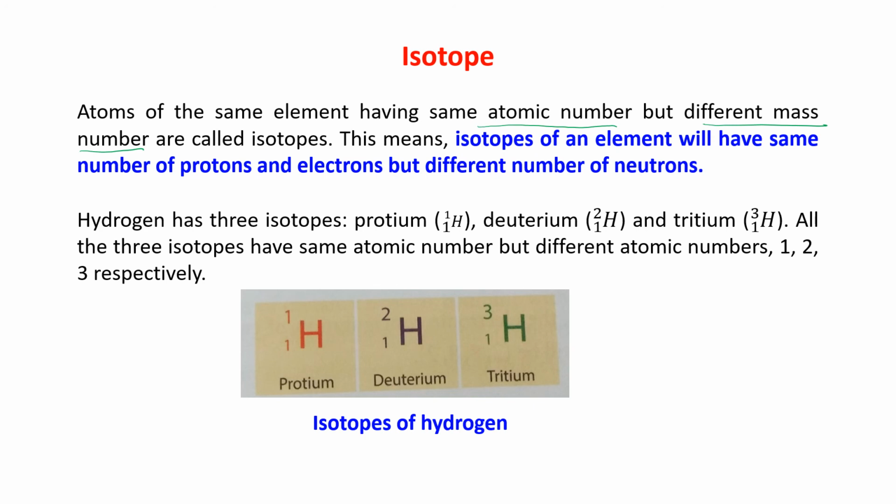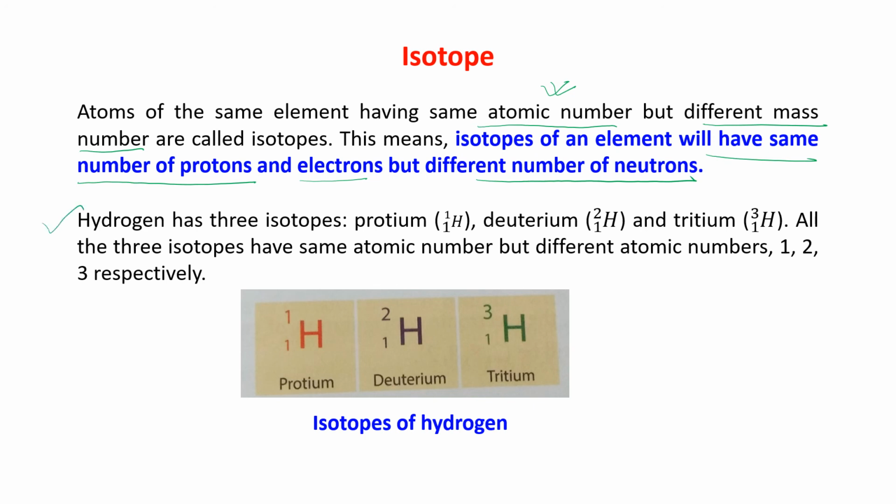This means isotopes of an element will have the same number of protons, because atomic number is same, and electrons, but different number of neutrons. Mass number is different. Atomic number same means they are having same number of protons but mass number is different. That means number of neutrons is different.